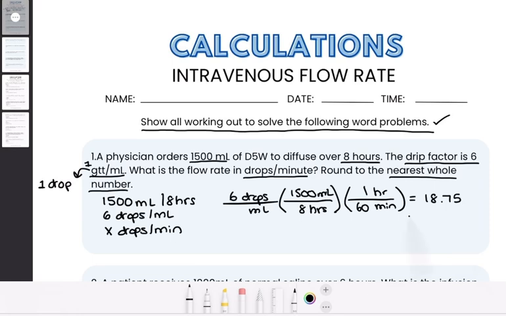Now remember, your answer has to be rounded to the nearest whole number. So in this case, once your units cross out and they match with drops per minute, your answer is 19 drops per minute.